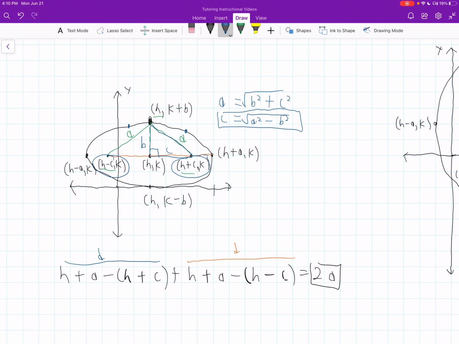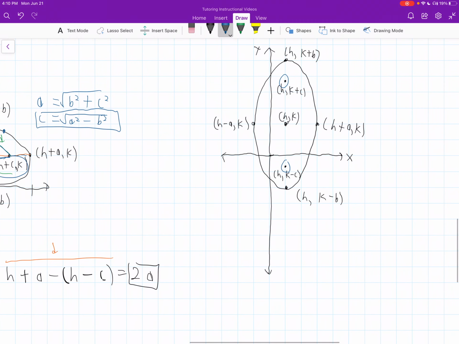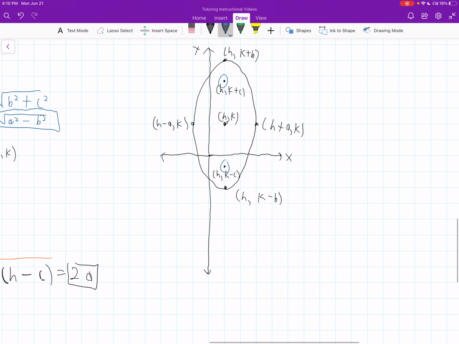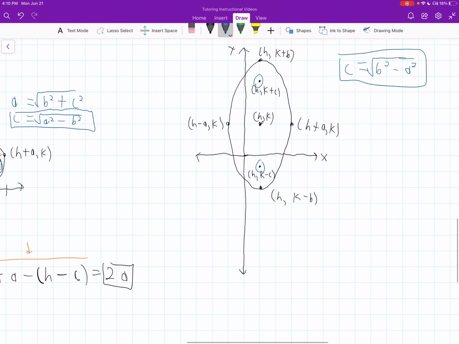It would be the same idea with the triangles for the vertical ellipse, but if you walk through the algebra, you would see that the formula for calculating c is the square root of b squared minus a squared. You can try that if you want to practice. So those are two formulae, depending on what case we're in, whether a is greater than b or b is greater than a, for how to find the foci points.